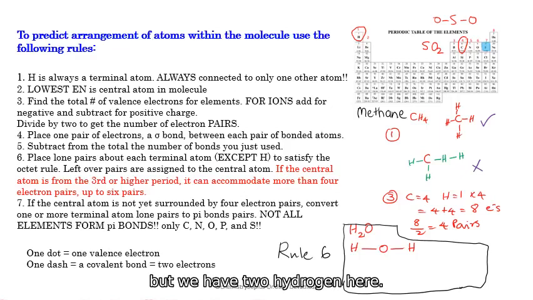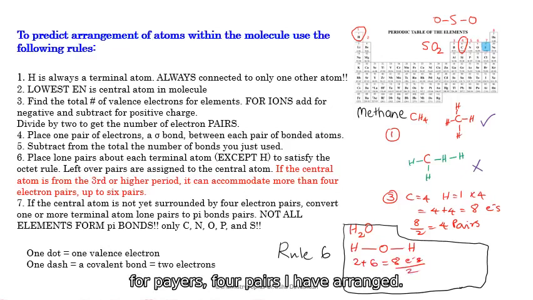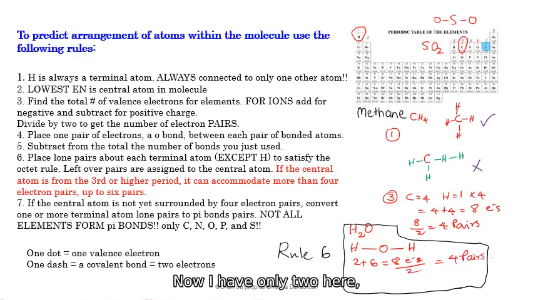Hydrogen is 1, but we have 2 hydrogens here, so 2, plus oxygen in the 16th group, 6 valence electrons, so 8 electrons. Taking half of that, 4 pairs. So 4 pairs I have to arrange. Now I have only 2 here, bonding oxygen and hydrogen. That's a sigma bond, right?